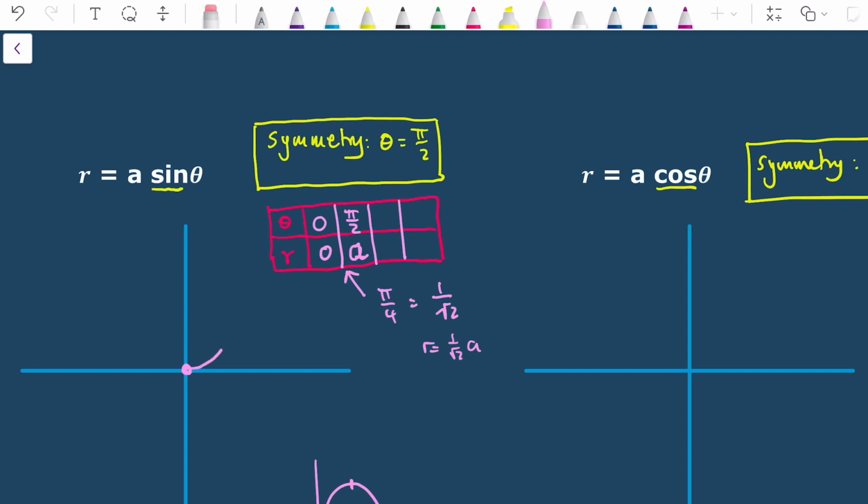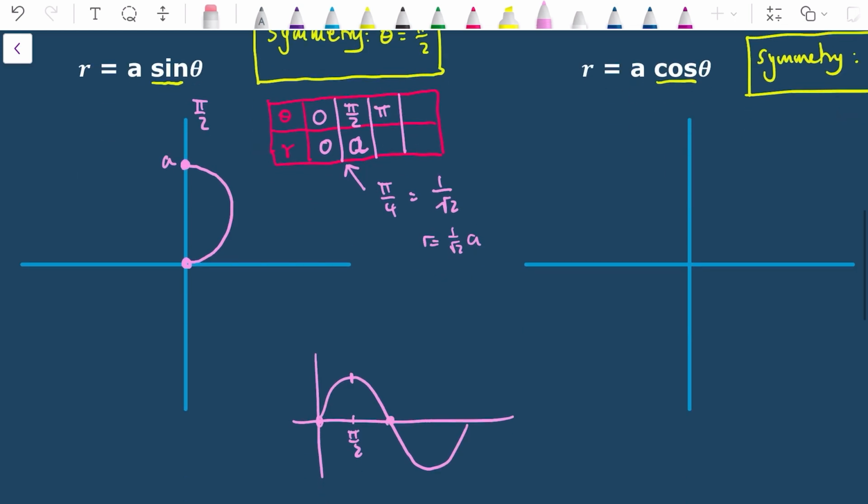So I end up getting this as I go along to pi by 2. There we go, this is my pi by 2 axis. I will get to a. Then my next value is at pi, and at pi I am back at 0, so I'll get a value of 0.